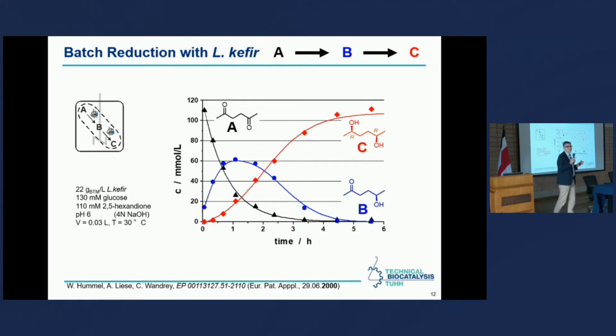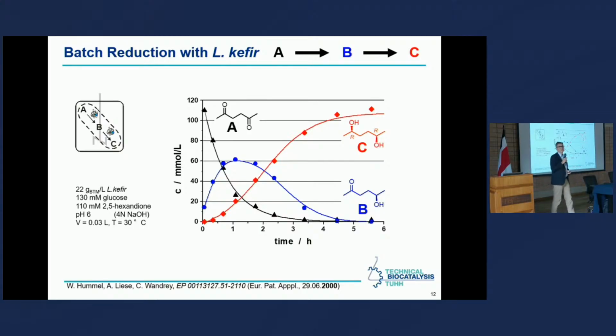And the course of the reaction looks ideal, because the starting material A is decreased as a function of time, so we have 100% conversion of A. Then our intermediate B is being formed and then being consumed, because the final step, B to C, is followed up, and we're forming C in the end. And it's almost ideal what we see here. So A is 100% converted to C, so we have 100% conversion and we have 100% yield in C.